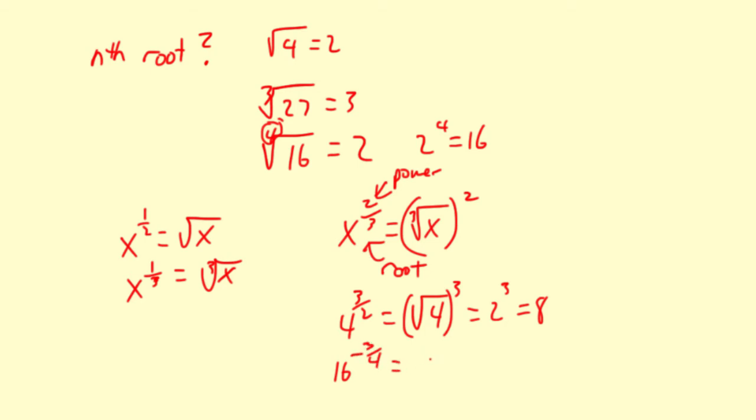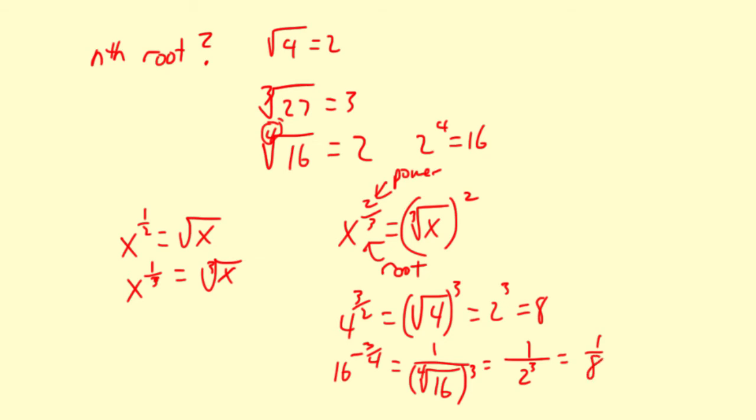Remember that the negative exponent means a reciprocal, so it's going to be 1 over the 4th root of 16 and then to the 3rd power. So the 4th root of 16 is 2. We already established that, so it's 1 over 2 to the 3rd power, which is 1/8. So that's what rational exponents are all about.